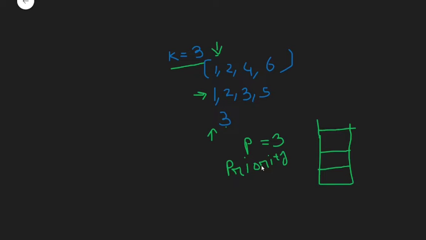The priority queue would implement our min heap. So we'll be pushing these three elements into our priority queue. Okay, so we're pushing 1, 1 and 3.